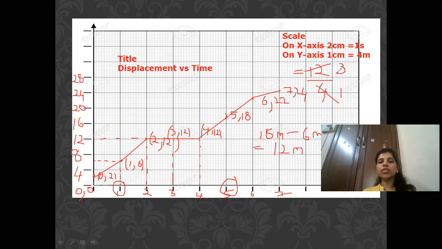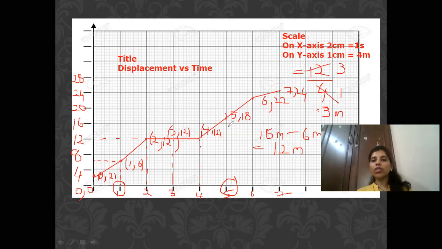So this will give us 3 meter per second, the average velocity. Whenever the average velocity is asked, you have to use the formula total distance upon total time for this particular graph.